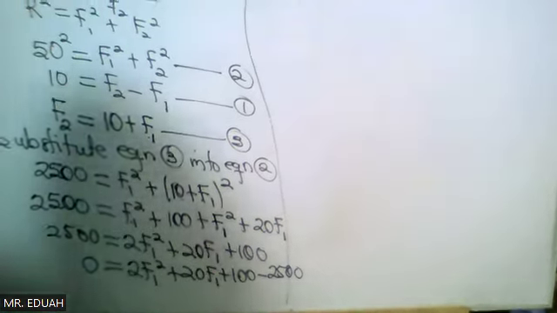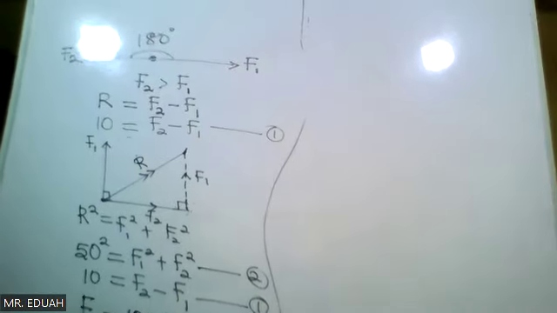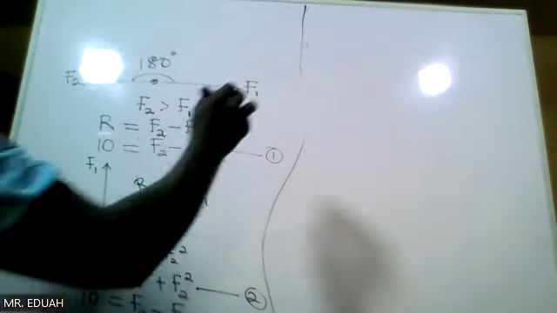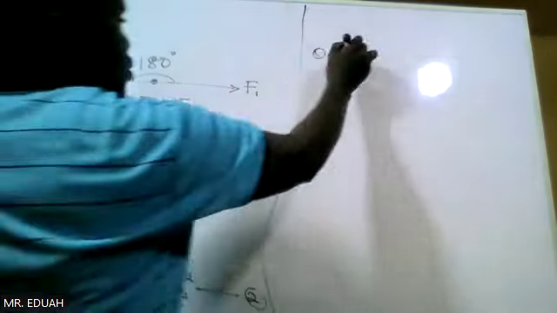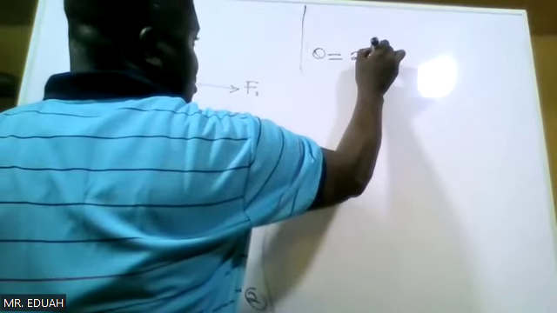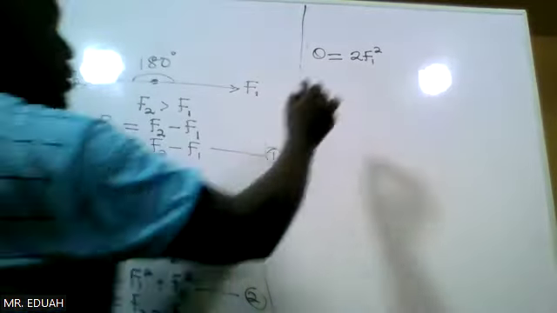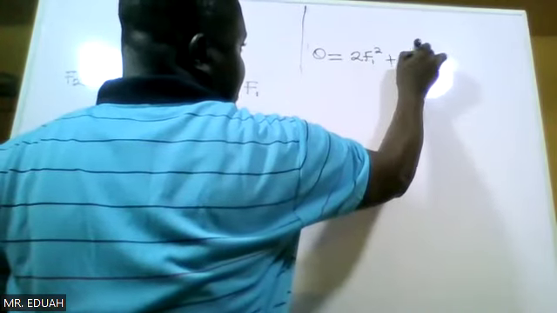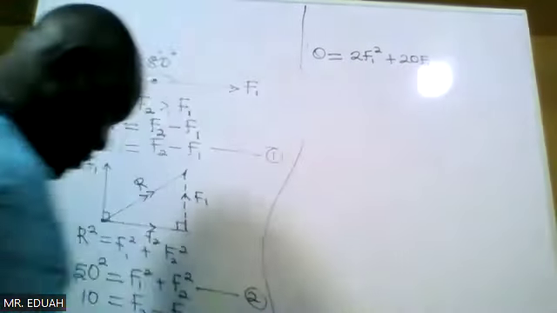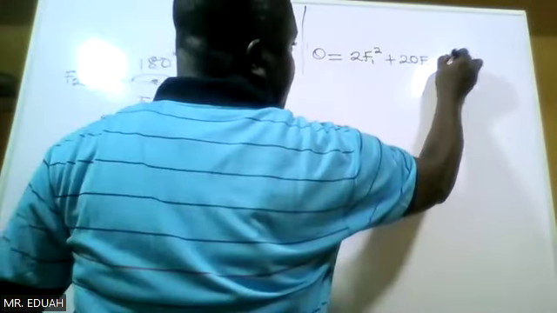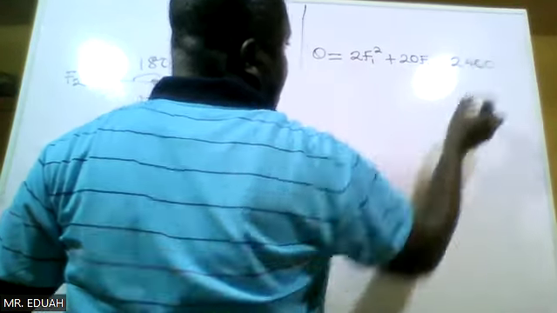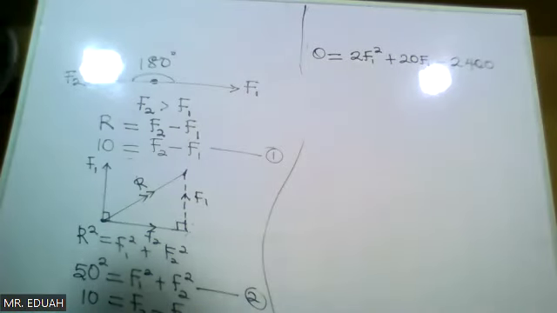So in effect, we have 0 is equal to 2F1 squared plus 20F1 minus 2,400. But we can divide through by 2.